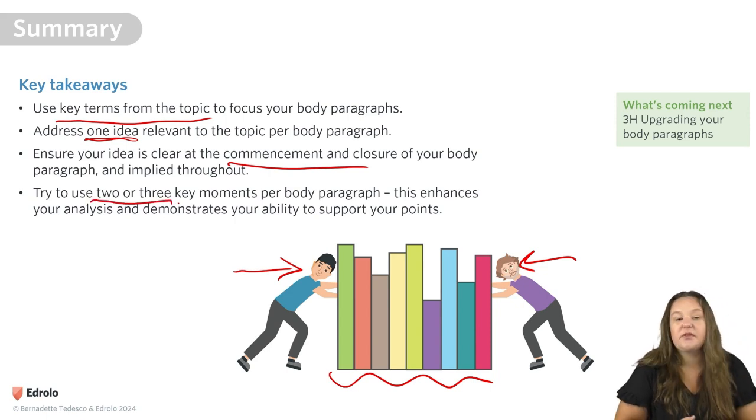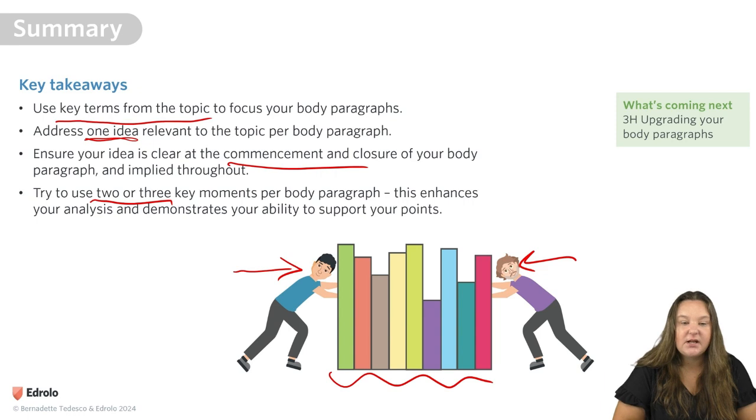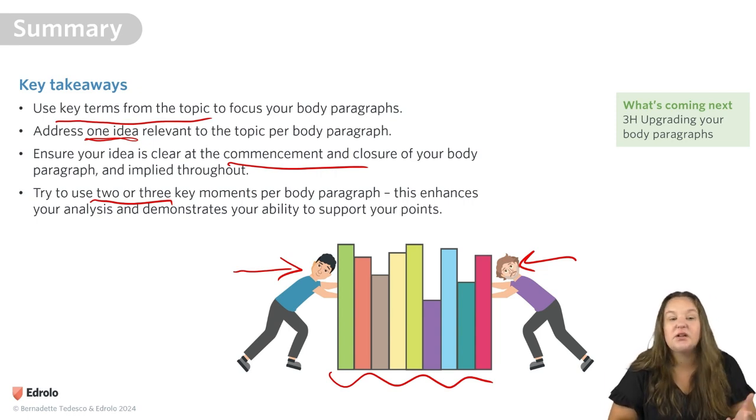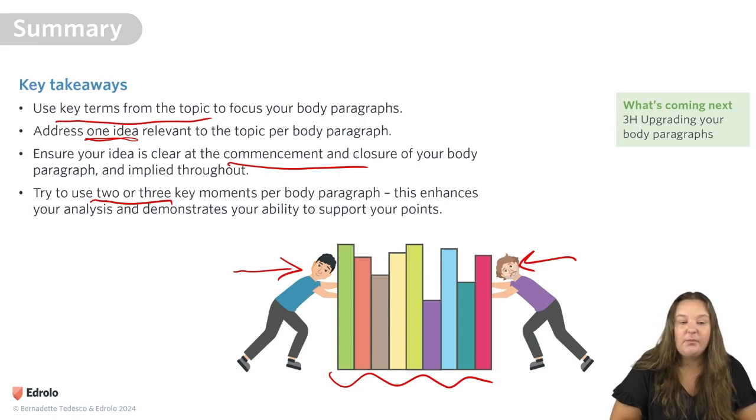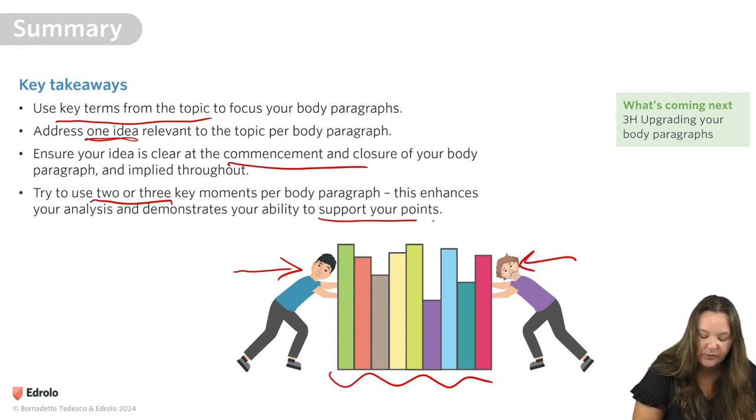So that might be 2 or 3 quotes, 2 or 3 events from the text, or 2 events and 1 particular feature, like a symbol, throughout that body paragraph to help make sure that your idea is strong enough to withstand that analysis. This enhances your analysis and demonstrates your ability to support your points.